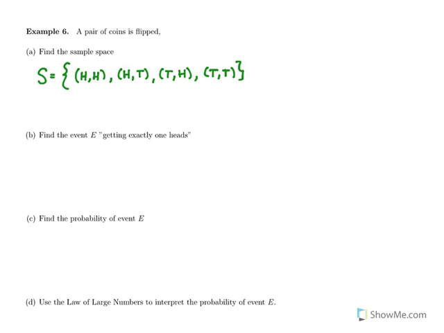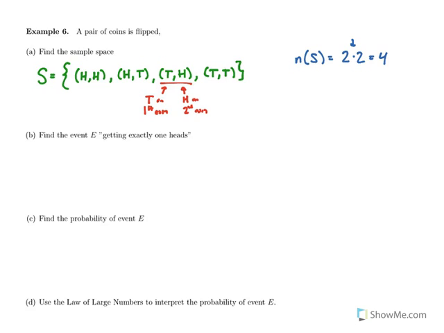So here, let's say this one says a tails on the first coin, heads on the second coin. That's our sample space. Note that we could actually find the size of the sample space using the fundamental principle of counting.